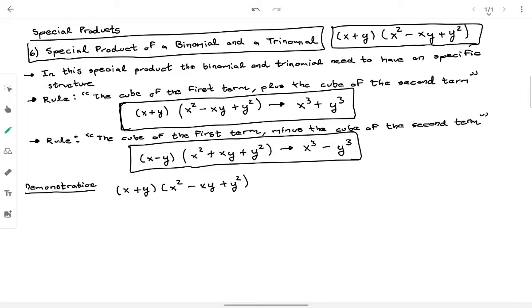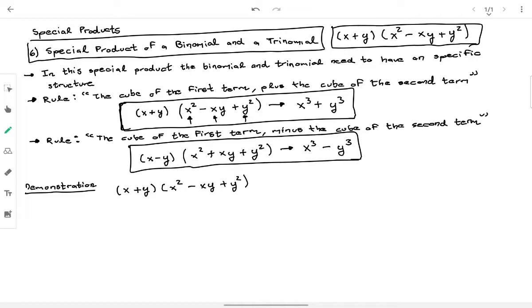So the trinomial must have this structure: the first one squared, minus the product of the first one and the second one, plus the second one squared. If it has that structure, the answer is going to be x cubed plus y cubed.